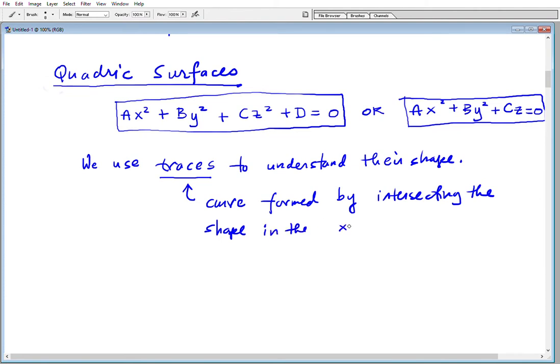It could be the XY plane, that would be one trace, or any of the others as well, the XZ plane, and the other one would be the YZ plane. Or really any horizontal or vertical plane.